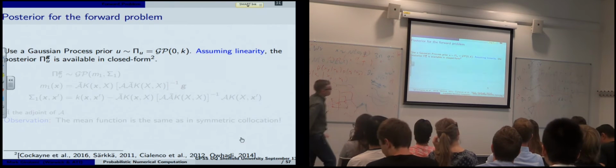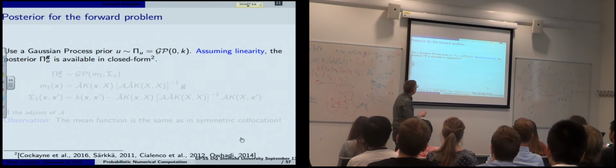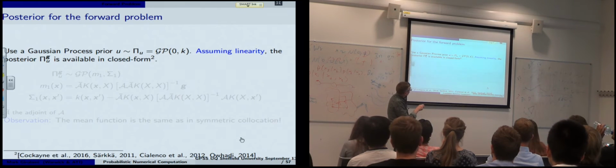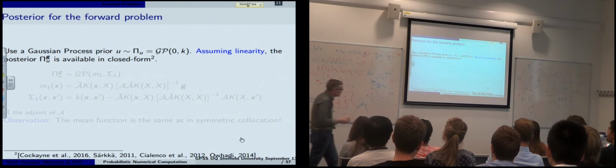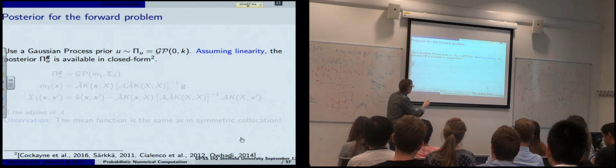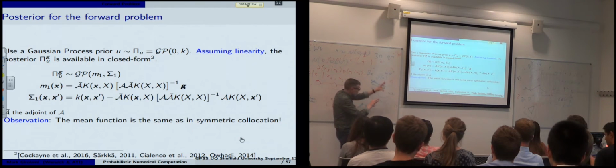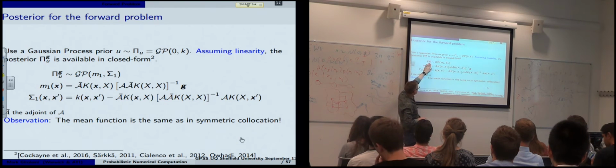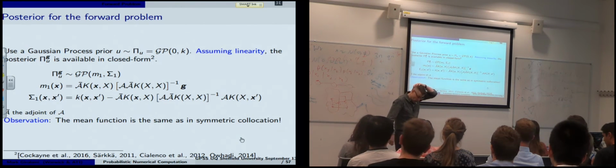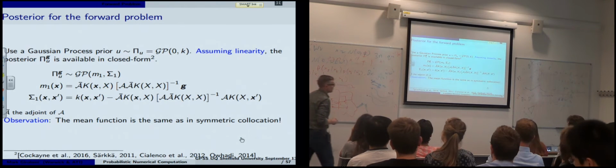Okay, so let's turn the crank. So you've seen all this. It turns out that using a Gaussian process prior, or a Gaussian measure, as the prior for u, the posterior for u, once we've probed the forcing value, given values of the forcing, is also going to be a Gaussian process in this case.